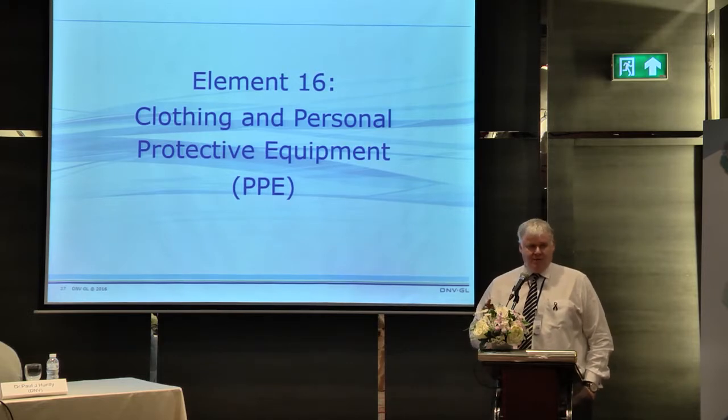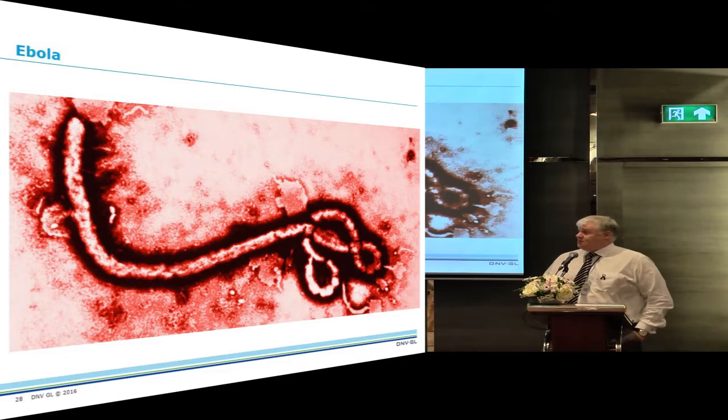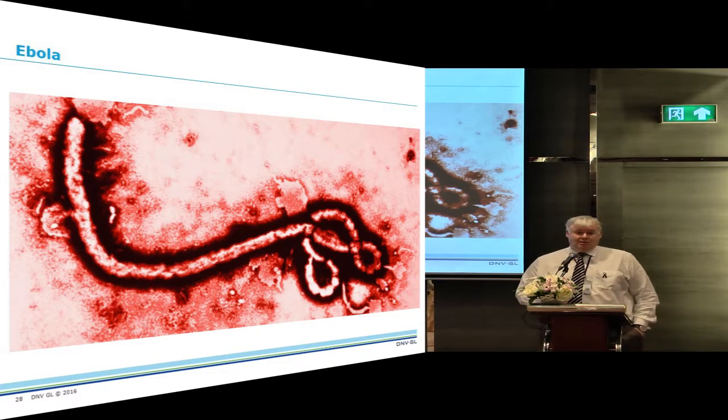The logic of the PPE controls is not always clear. And the most notable example that we've had recently was with Ebola, when, surprise, surprise, we found that maybe we're not quite so good at putting PPE on and taking it off as we thought we were. And Ebola is very interesting, but for me, the really, really interesting thing is, if it happens with Ebola, do you think it happens with MRSA? Do you think it happens with C. diff?